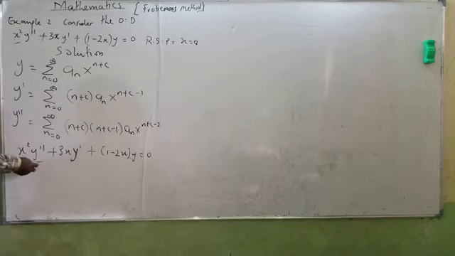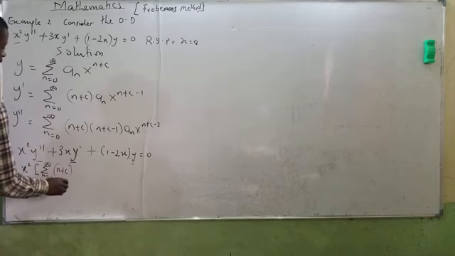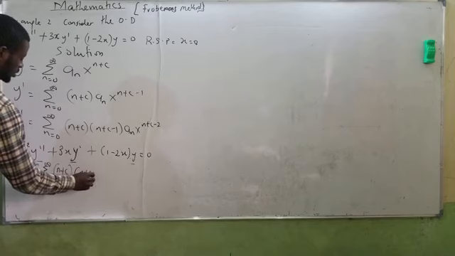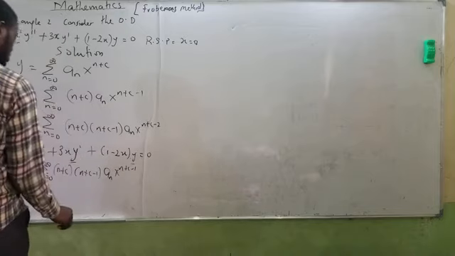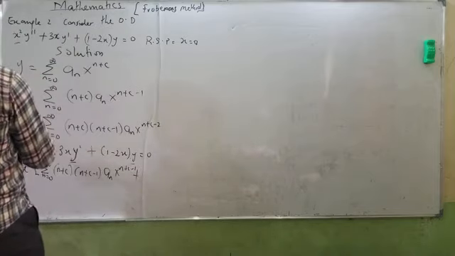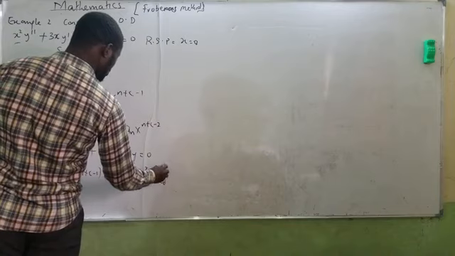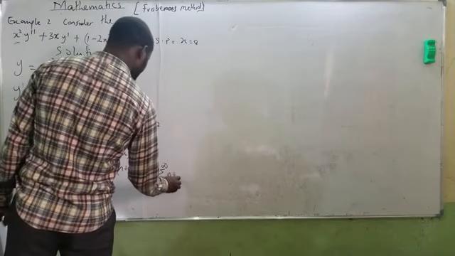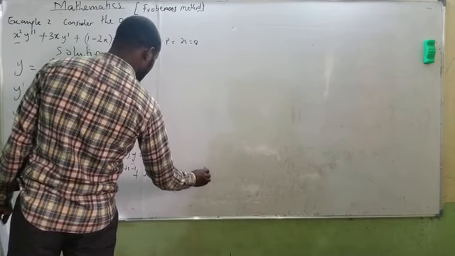Now put these into the given equation, which gives x squared times the sum from n equals 0 to infinity of (n+c)(n+c-1) a_n x^(n+c-2), plus 3x times the sum from 0 to infinity of (n+c) a_n x^(n+c-1).